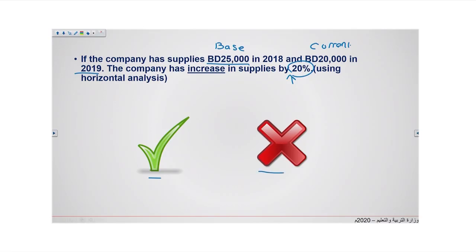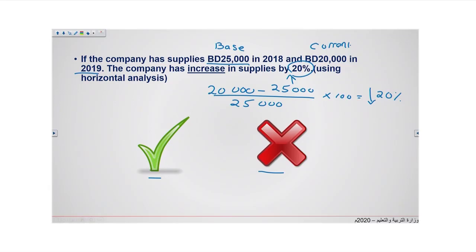Let's calculate the formula and decide. Okay, the current year is 20,000 minus 25,000 over 25,000 multiplied by 100 equal 20%, but decrease.